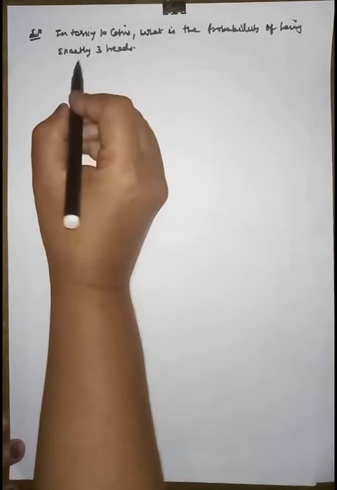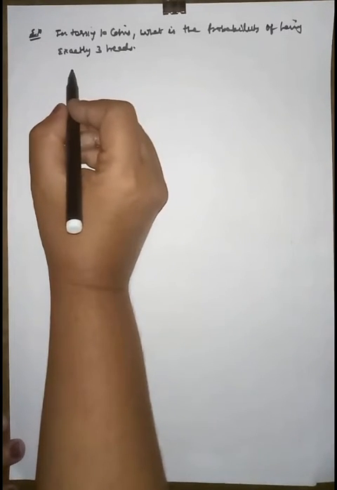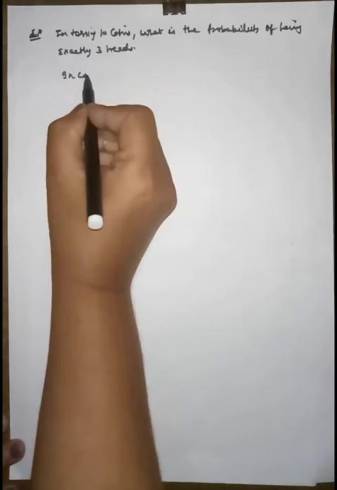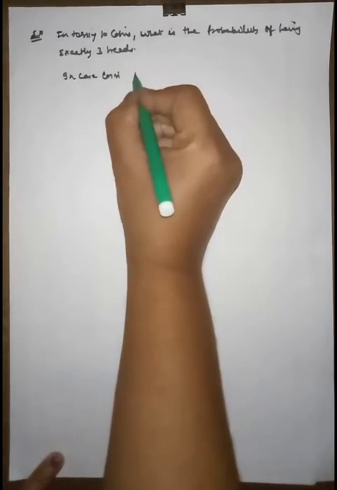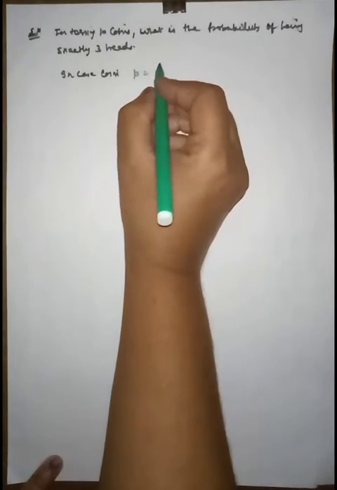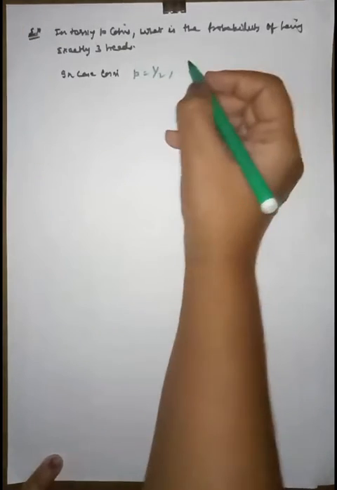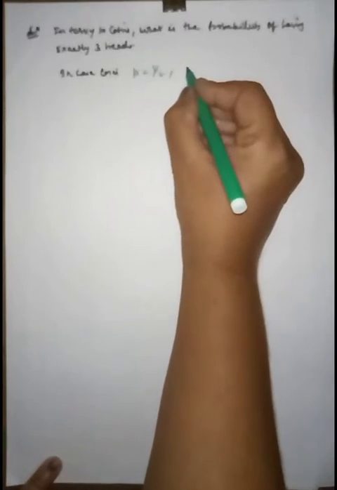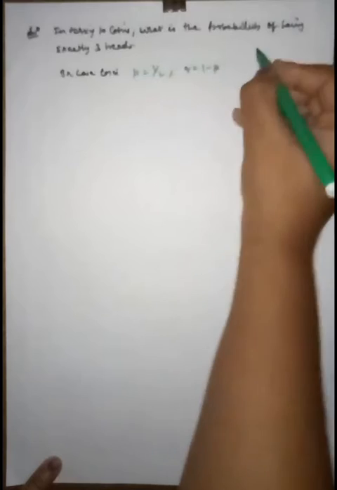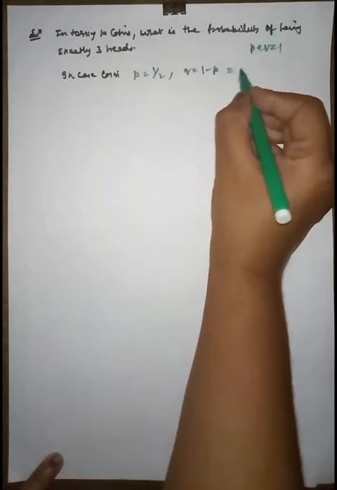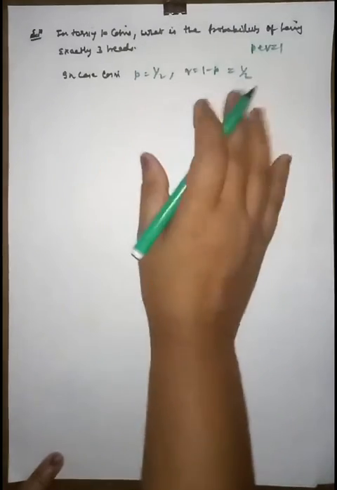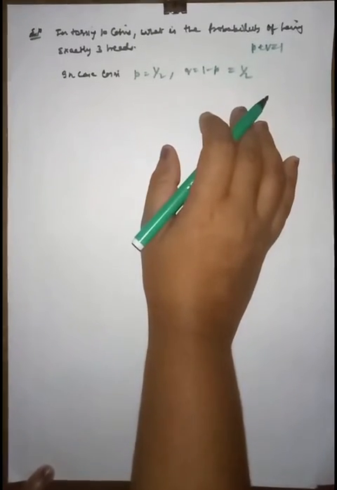So success p is half and failure q equals 1 minus p, because we know p plus q equals 1, so it comes 1 by 2. So p and q values are 1 by 2.